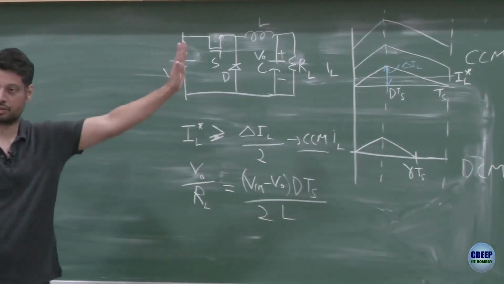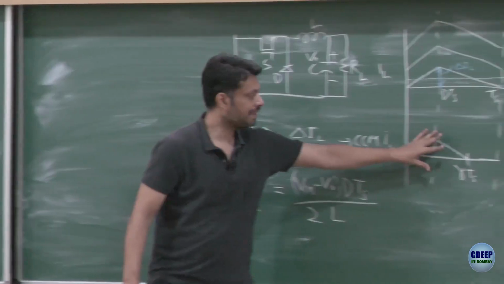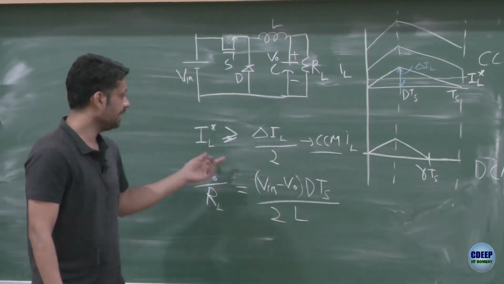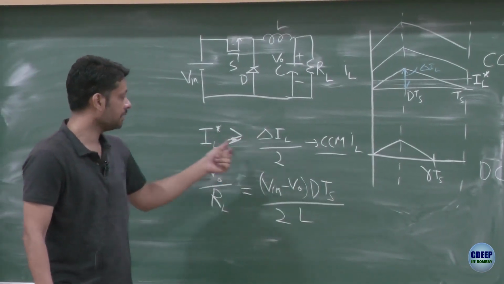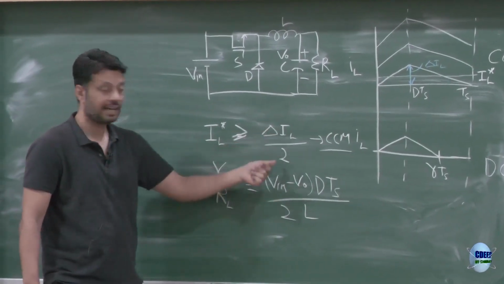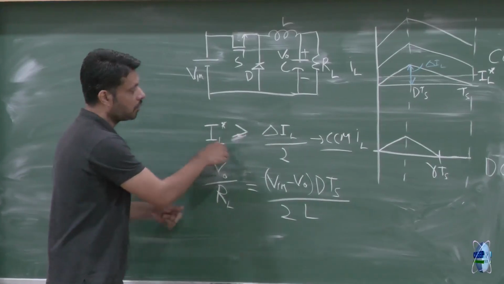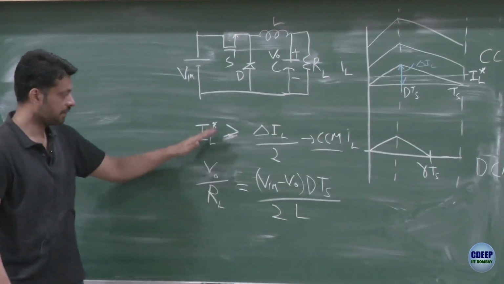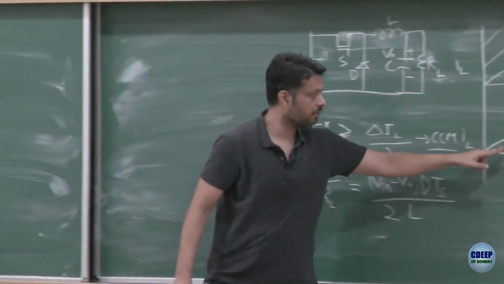That part you are sure, you agree. You may be thinking about what happens here, and we'll analyze it in a little more detail. But certainly if the average current is greater than delta IL by 2, you are confident that this is in CCM, there is no question about it. So let us find this condition and then see how this thing changes.